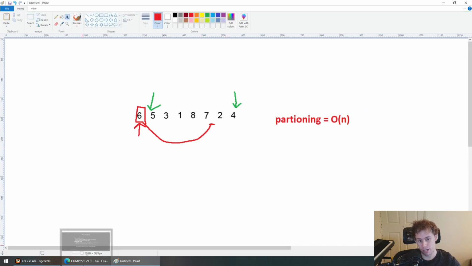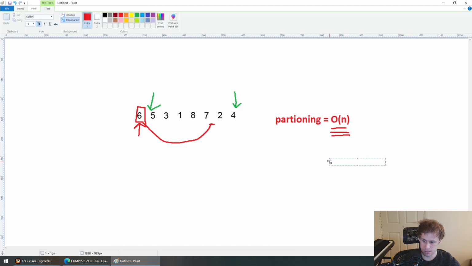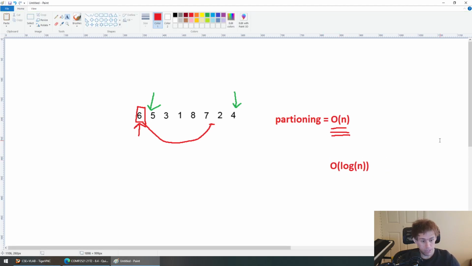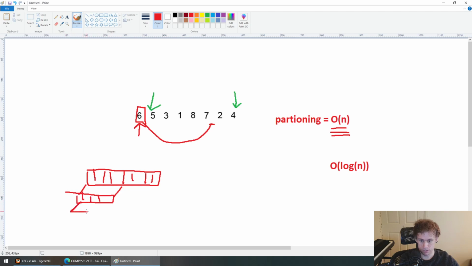With Quicksort, like merge sort, the real question is how many times do you have to do this operation? And the answer for that one is, in the best case, O log of n. Because it's a divide and conquer algorithm. So if you have 8 elements, all these 8 elements here, and you can partition into two halves, and then those two halves can get partitioned into two smaller halves, right?